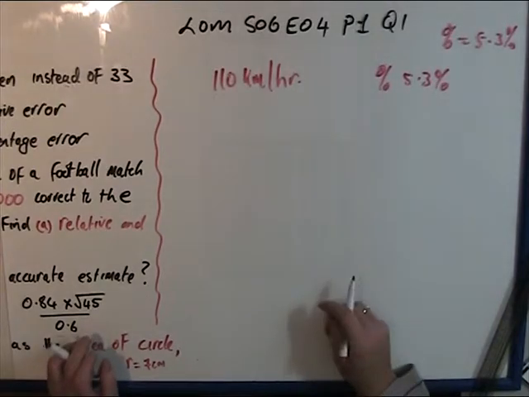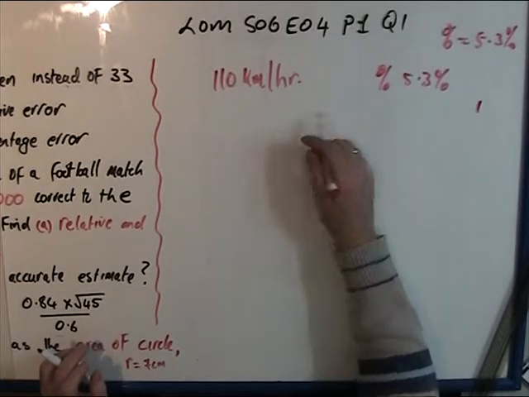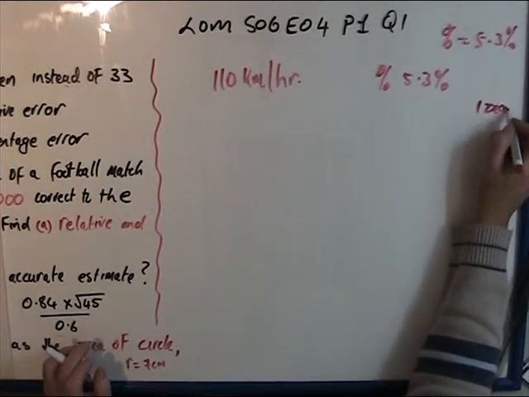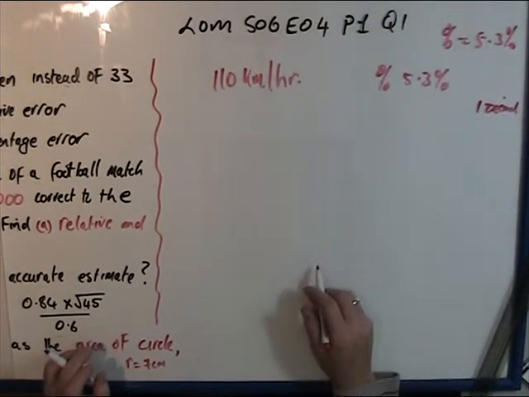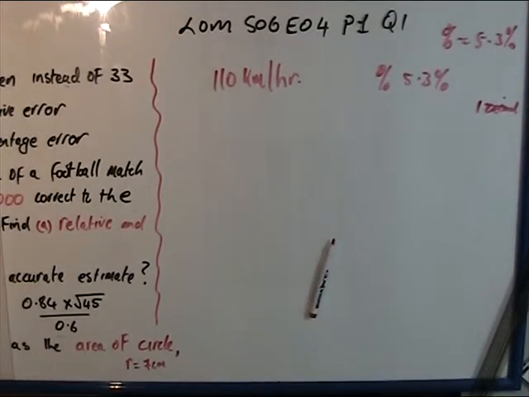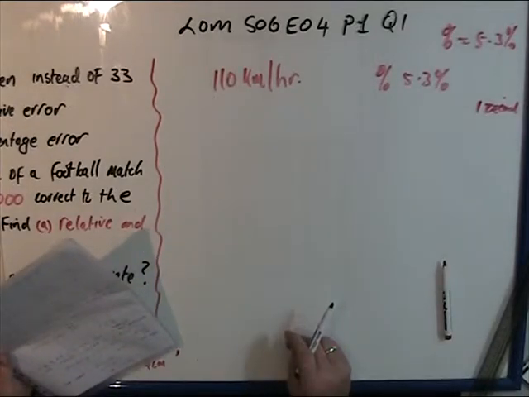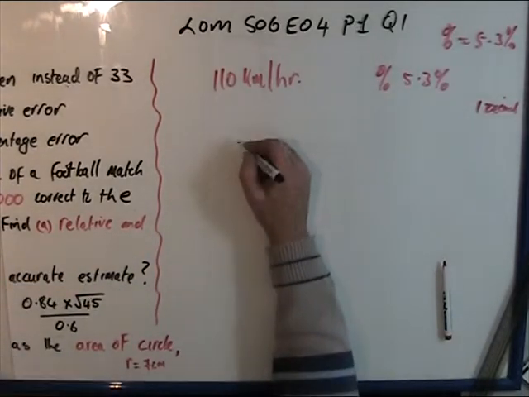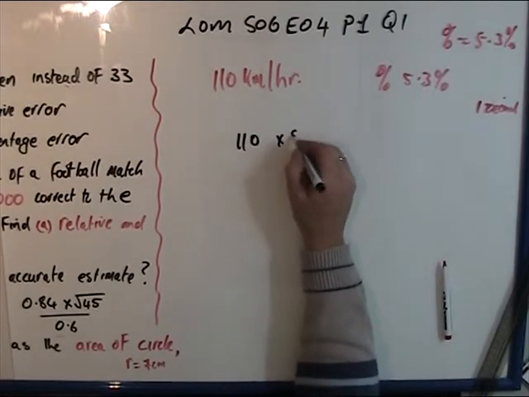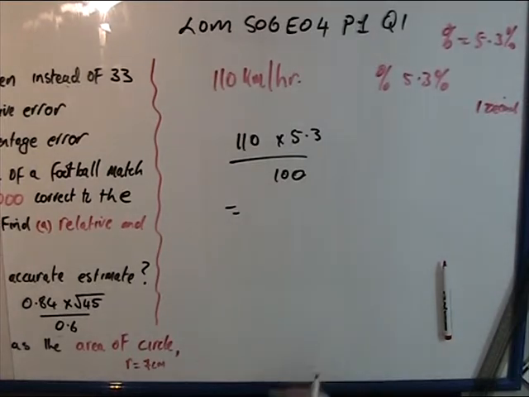So we know that we correct to 1 decimal place, by the way. So what I'm trying to do here is find what he's actually travelling at. So what I do is, 110 multiplied by 5.3% all over 100 will give me the difference.